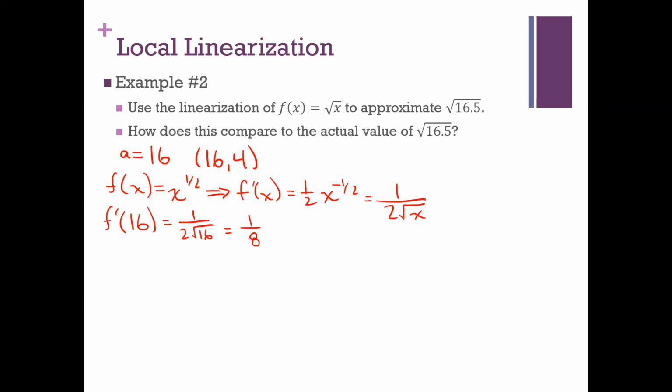All right, so I got the slope. What else do I need to do? Okay, need to find the y-intercept. This time it's not quite given to me. So y equals mx plus b. I know an xy point. 4 equals 1/8 of 16 plus b.